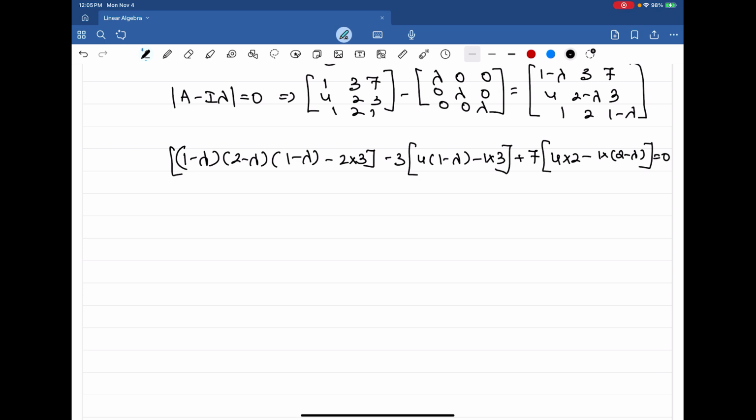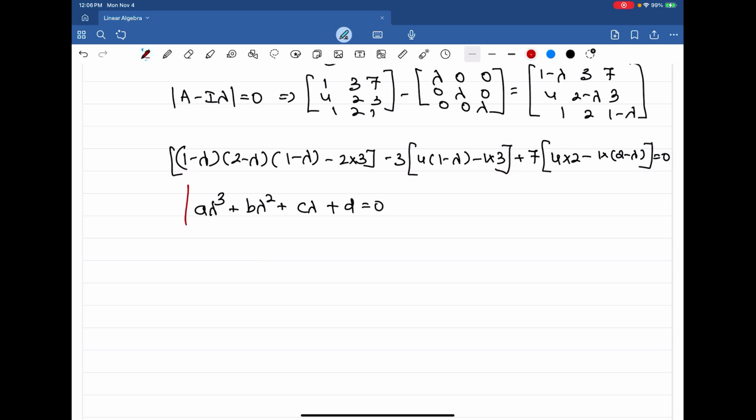Now, you will get an equation in a cubical form, and that equation, some a into lambda cube plus b into lambda square plus c into lambda plus d is equal to 0.